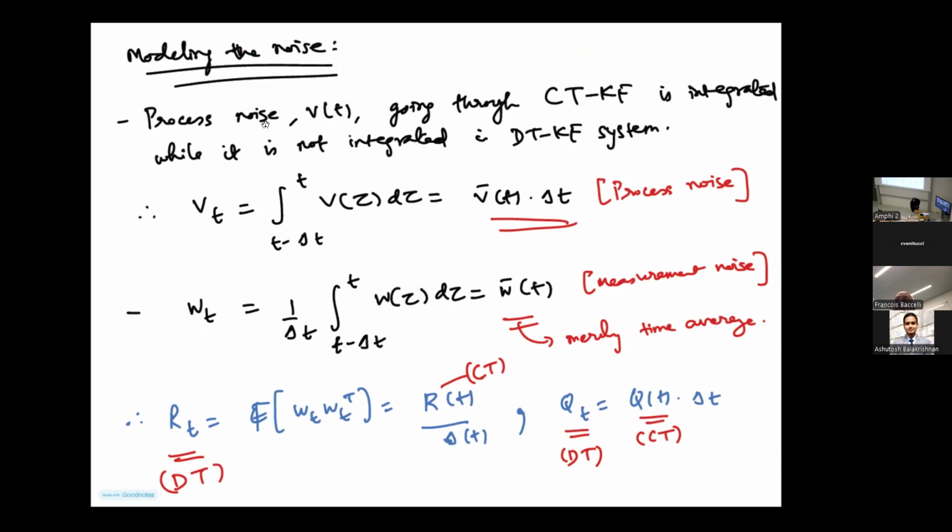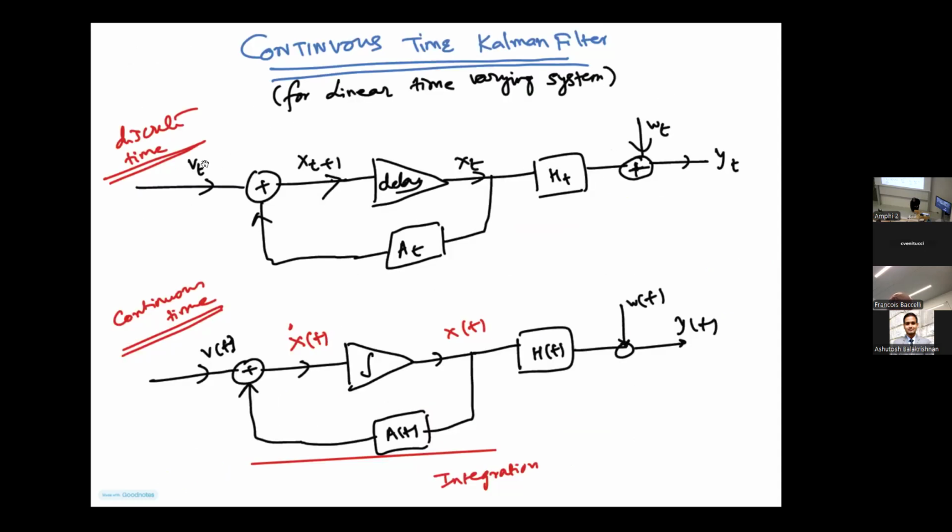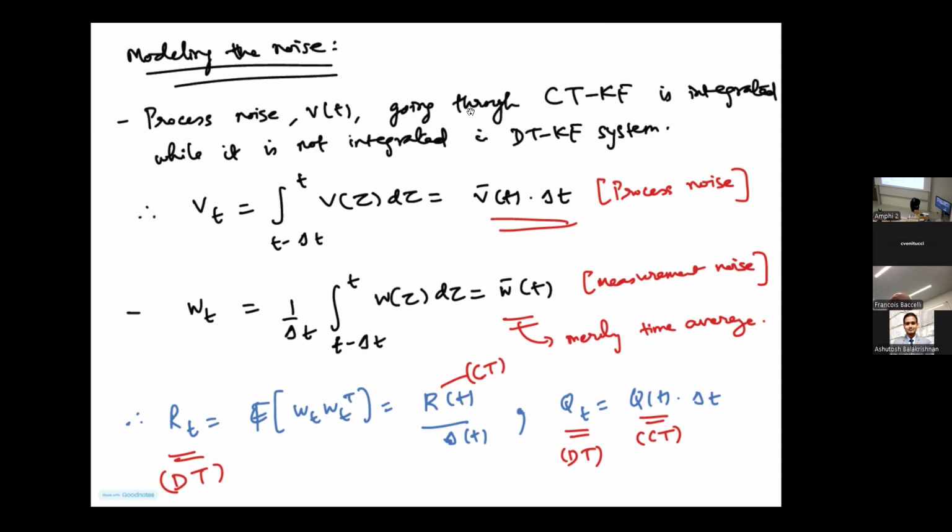The process noise Vt, if it goes through the continuous time Kalman filter, gets integrated while it was not being integrated previously. If the subscript t refers to the discrete time variable, this gets integrated from t minus del t to t, so it is v bar times del t.